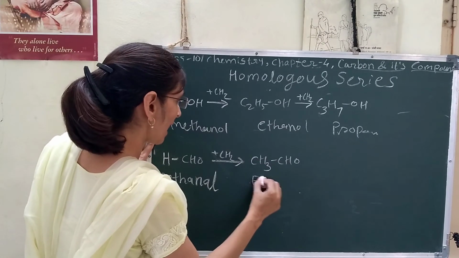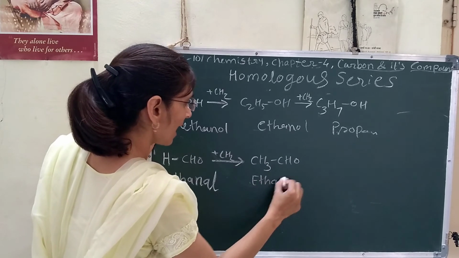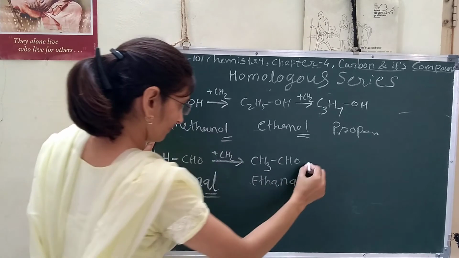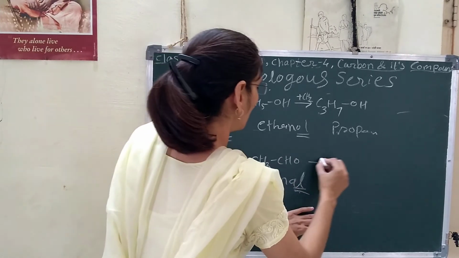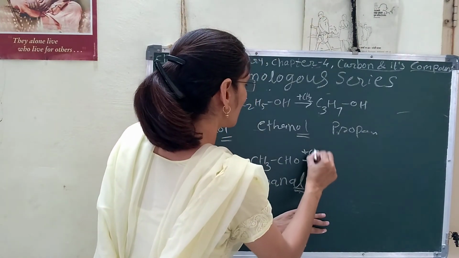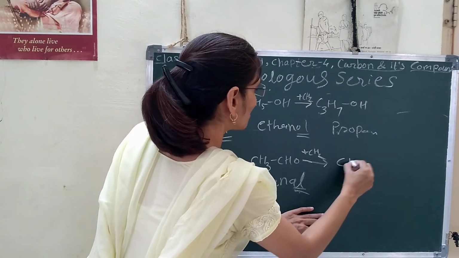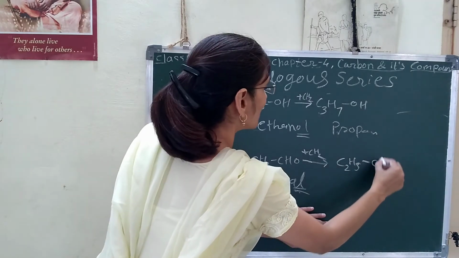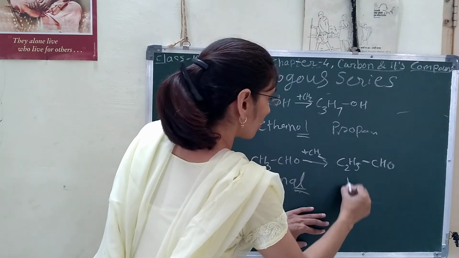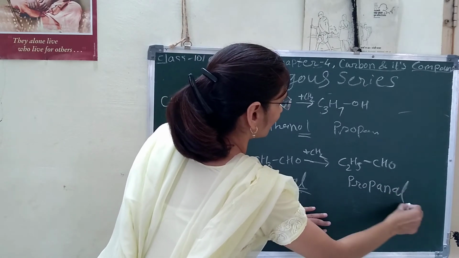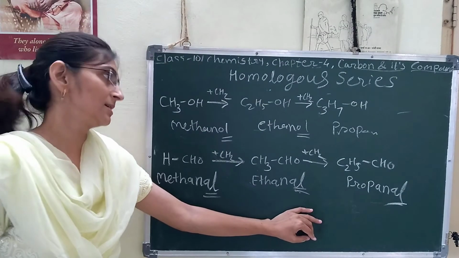This is ethanal. Then if again I add one CH2, what will I get? C2H5CHO, that is propanal. This is the homologous series.